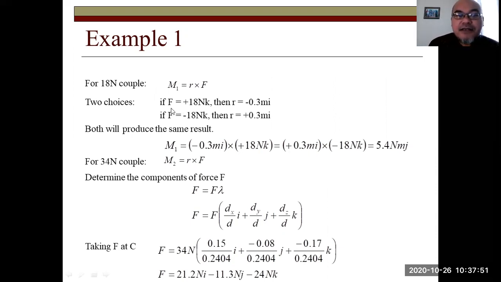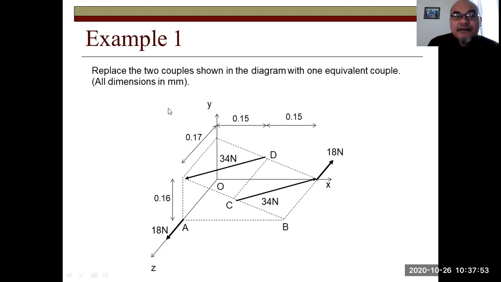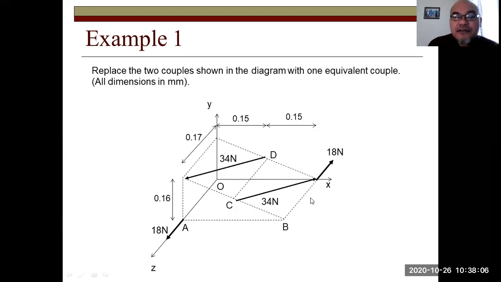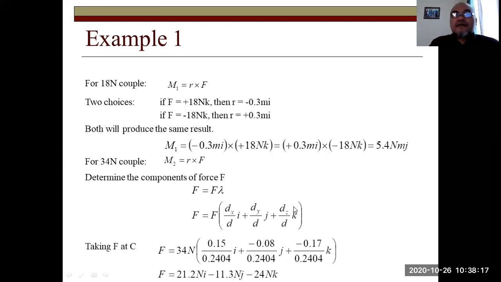If the force is plus 18 Newton k, it means we choose this direction, 18 Newton k. Then R will be minus 0.3 meter i, from this point to this point. So 0.3 from here, minus 0.3 meter i, pointing negatively, RB cross RA.